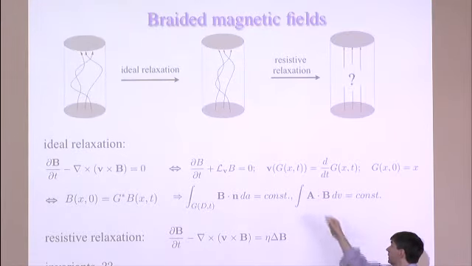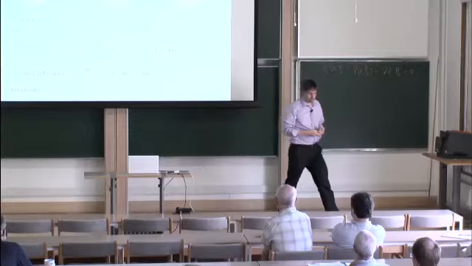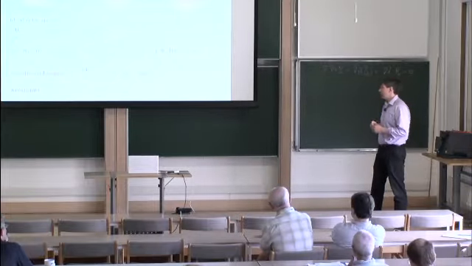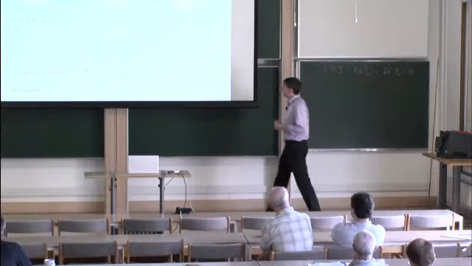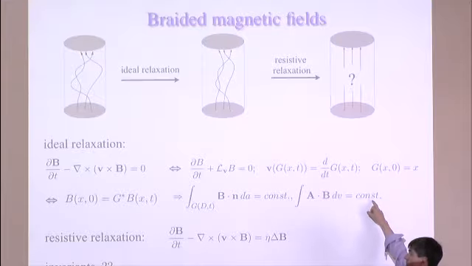Here, A is the vector potential of B, and in principle you should also integrate over a co-moving volume here, but usually our volume is the whole domain, that is our cylinder. And this is by definition co-moving.